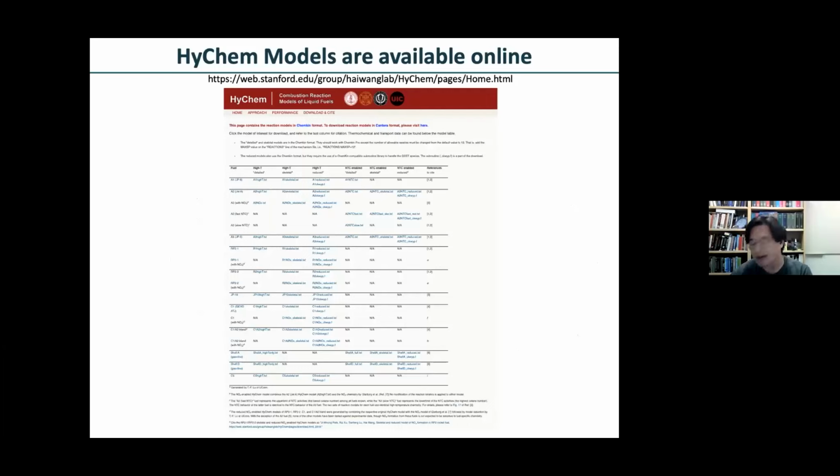Now, just to summarize, we have quite many HyChem models from jet fuel, rocket fuel, JP10, and the GEVO aviation, bioaviation fuel. We have some blends of bioaviation fuel with conventional jet fuels. We have gasoline. Those are E15 gasoline. And we have some other fuels. All the models are available for high temperature, skeletal.